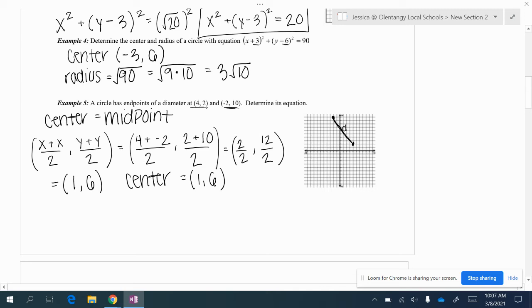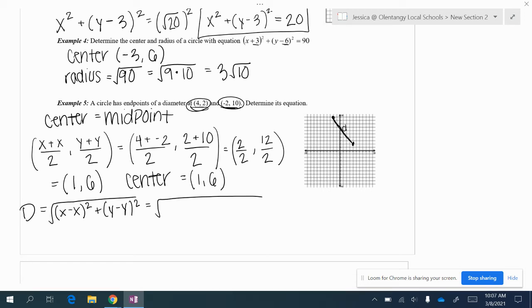So let's go ahead and do that. Again, the distance formula: x minus x squared plus y minus y squared. I'm just going to take these 2 points, and the length that I solve would be the diameter.